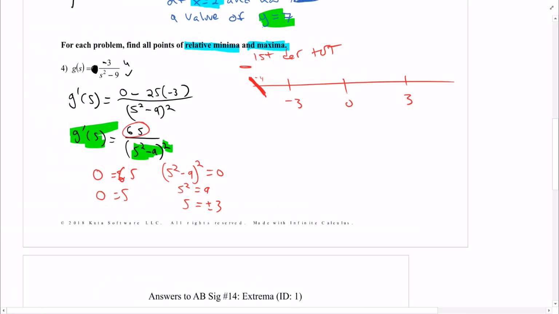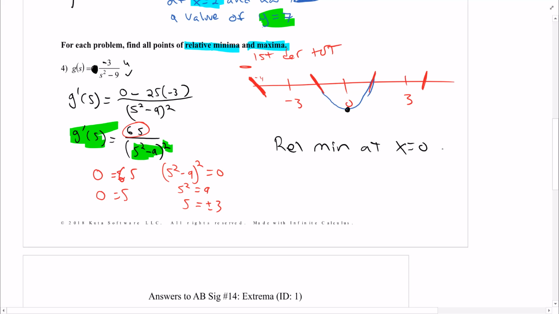If I plug in negative 2, it's still negative. If I plug in a positive number, it's going to be positive. So the only relative extrema occurs at x equals 0. It's a relative minimum, because it went from decreasing to increasing. So there's a relative min at x equals 0.